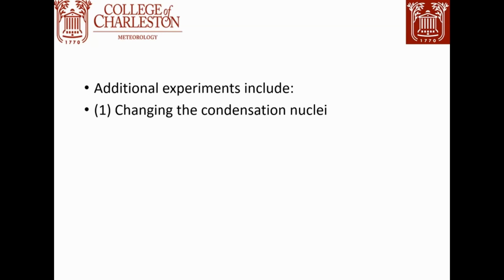What this would mean is that instead of using smoke particles, you can try other hygroscopic nuclei, such as, as I mentioned before, salt, but think about any other particle that we tend to see in the atmosphere. Think of dust, think of dirt. All of those can be considered different types of condensation nuclei. And then you can repeat this experiment and see whether or not the cloud that you get in your bottle is thicker or thinner based upon what is present.